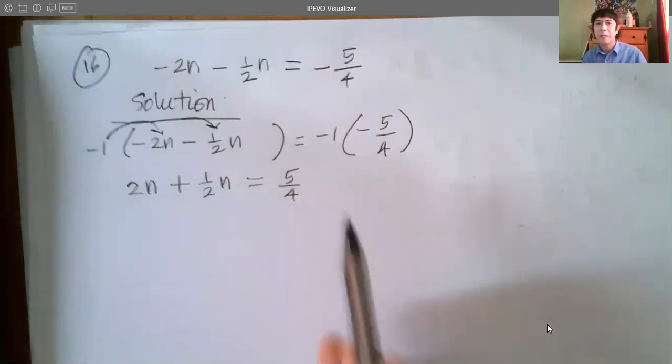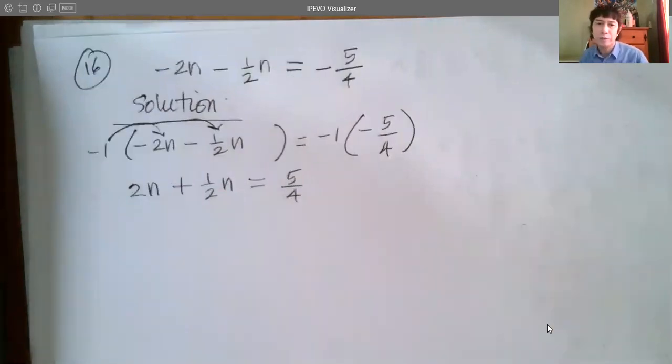So our LCD will have to be 4, since 2 is a factor of 4. 2 times 2 is 4, and so 4 can be divided by 2 with a 0 remainder. So we can use the larger number 4 as our multiplier.